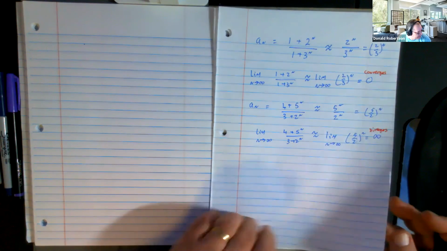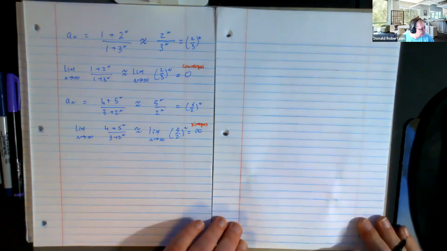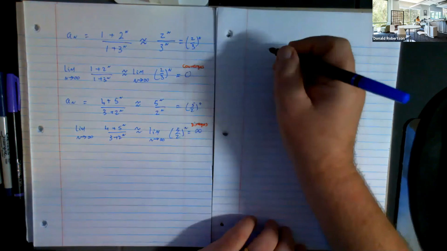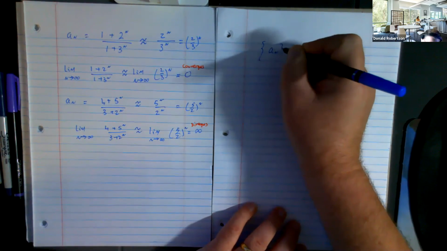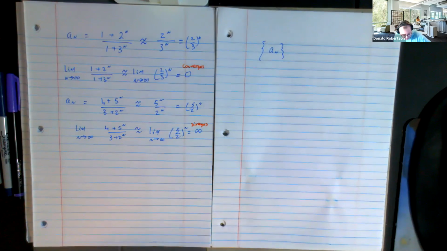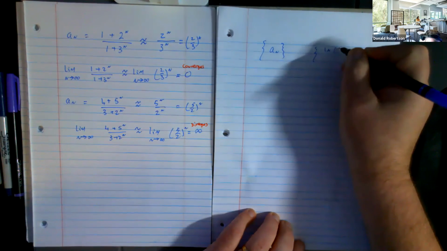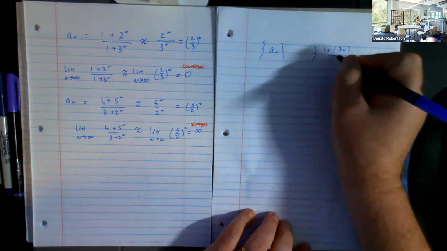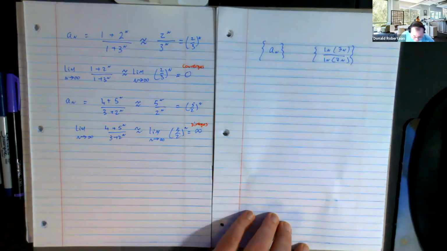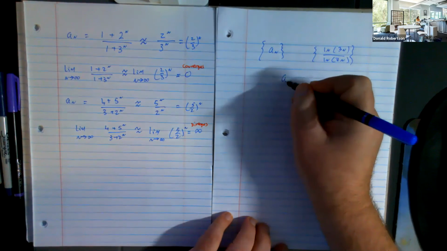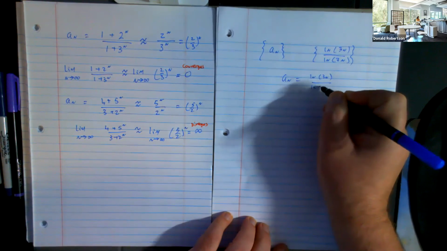Okay, so that's one of the special situations. Let's look at this fella. Oh, a new notation. Sometimes you'll see a sequence written like this. It's the equivalent of someone just telling you that.